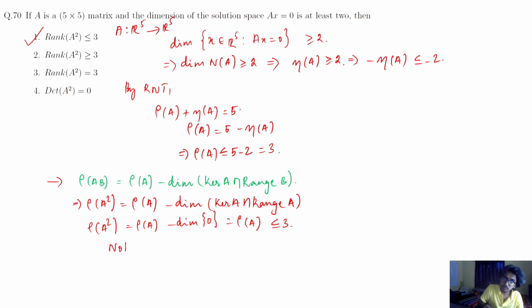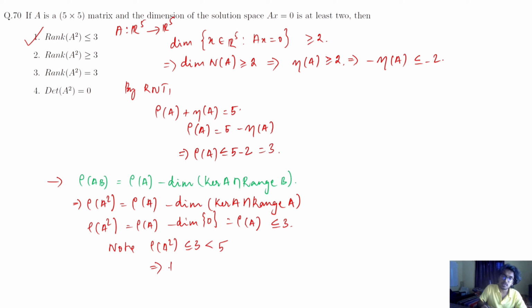Note that rank of A squared is smaller than or equal to 3, which is strictly smaller than 5. In that case, there are only at most 3 linearly independent rows in A squared.